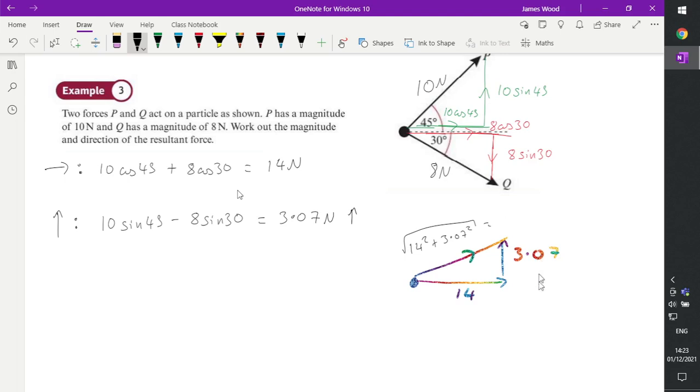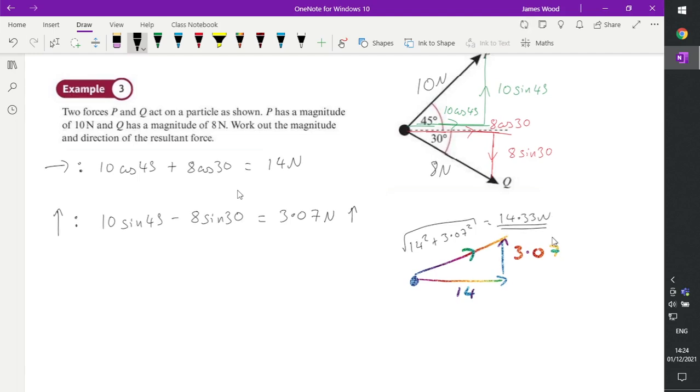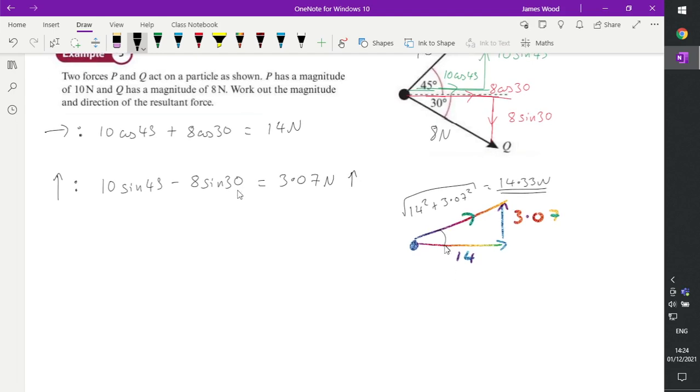So that's 14.33. That's the magnitude of the force. And the angle, I'm going to put the angle in there. That would be inverse tan of opposite over adjacent.